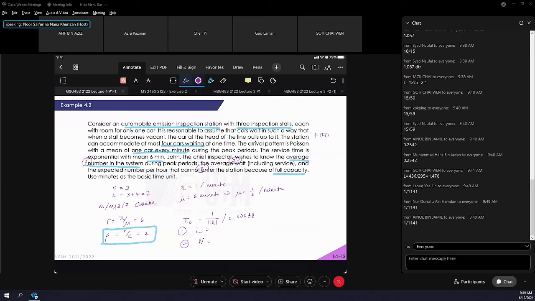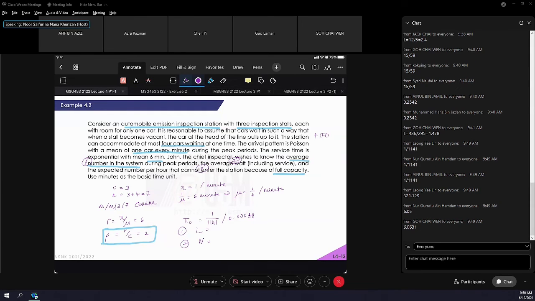Thank you, Yilin, Ain, and also Ainol. And then what is the value for your L? For your L, you should get 6.06, or 0.5 is also acceptable, cars per minute.